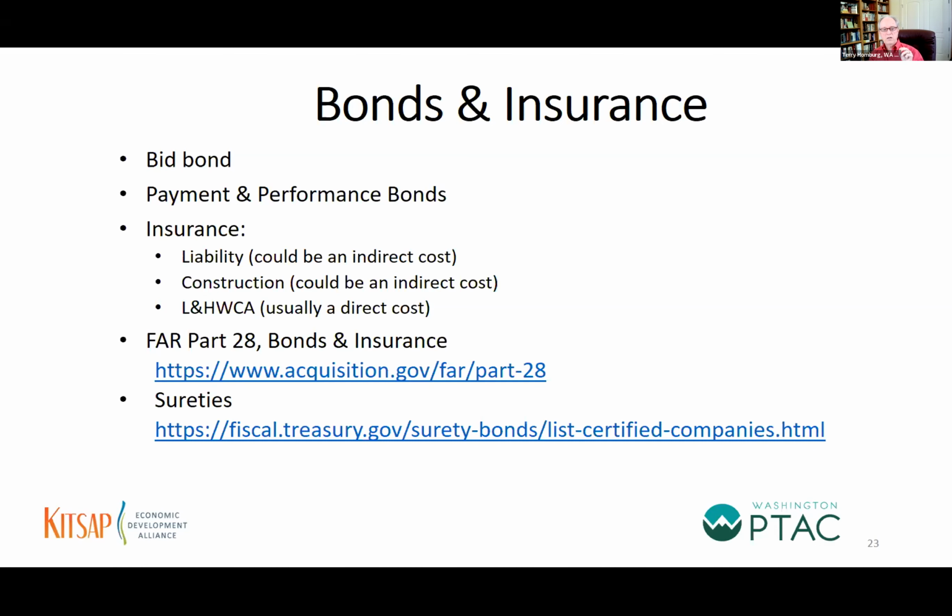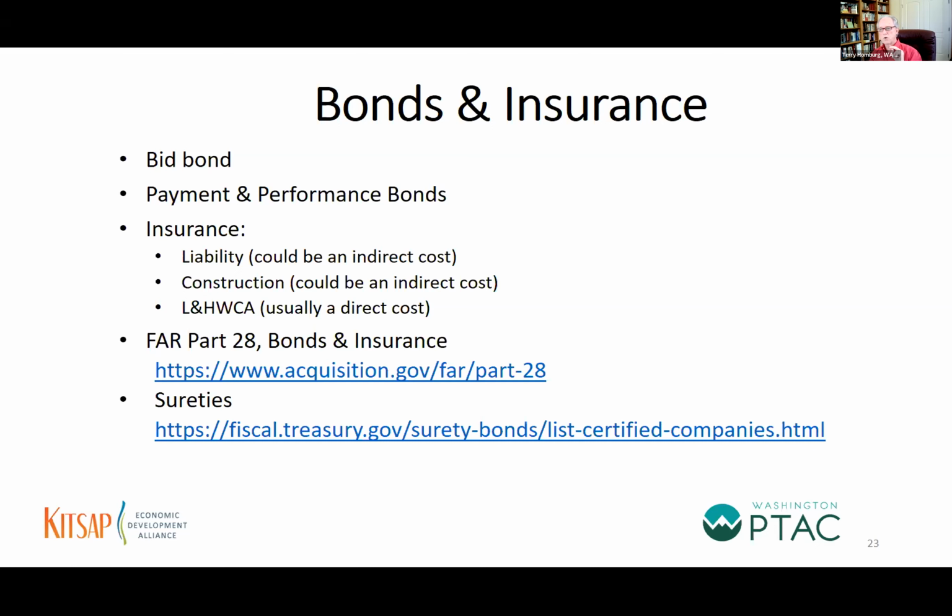You can find information on bonds and insurance in the Federal Acquisition Regulation, FAR Part 28. And I provided the link for you to go directly to FAR Part 28. And there's all kinds of discussion in there about bonds and insurance, when they're required, when they're not needed, and so forth. The other important thing here is the last bullet, the sureties.